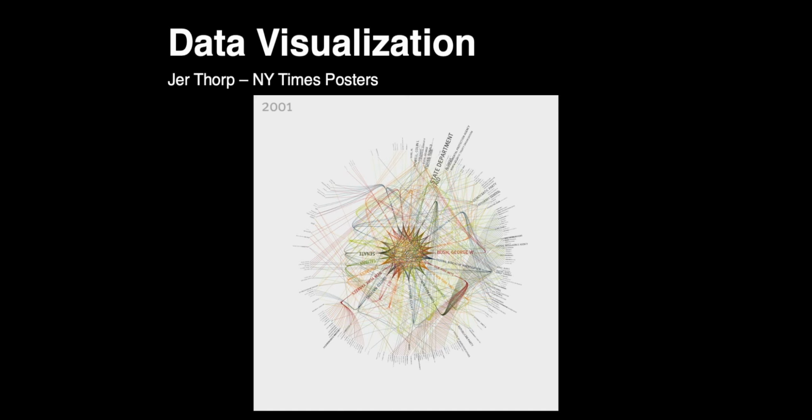Here's a node-based visualization by Jared Thorpe using New York Times data. He did a series of these for each year in the 2000s, I believe. So this is 2001, looking at all the different stories in the New York Times and the main topics in those stories. The size of the text represents how frequently that particular topic was mentioned, and all the connections are how those topics are connected to each other.